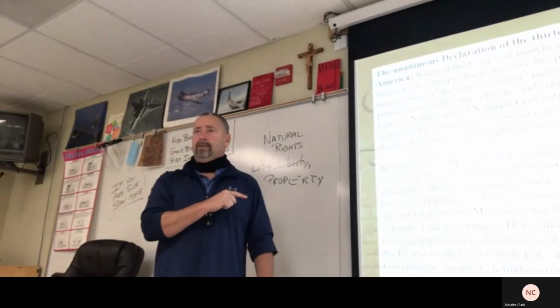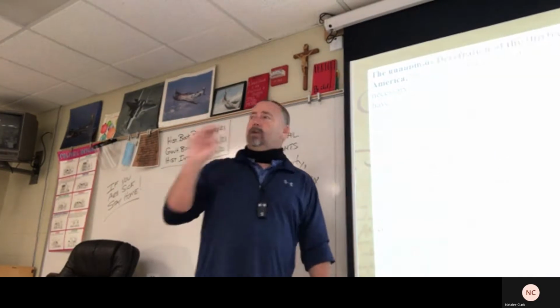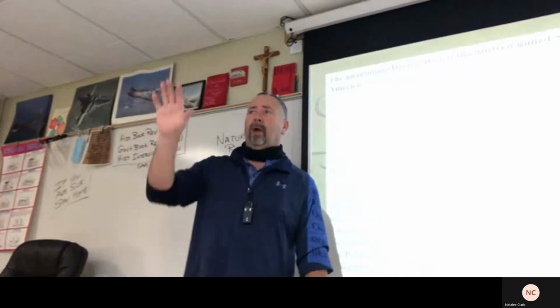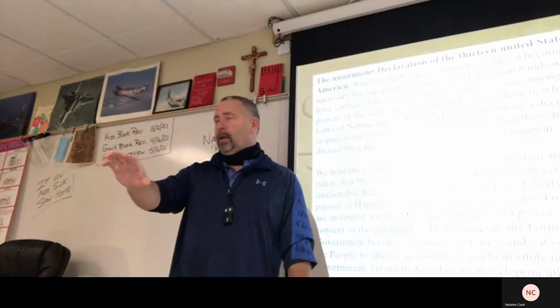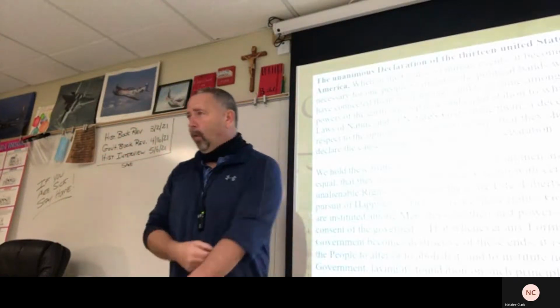for treason. They chose Jefferson because Jefferson's very good with words. Okay, he's written, and he's only 33 years old at this point. Okay, he's helped write the Virginia Constitution. He's talked about the rights of man, written about that before.